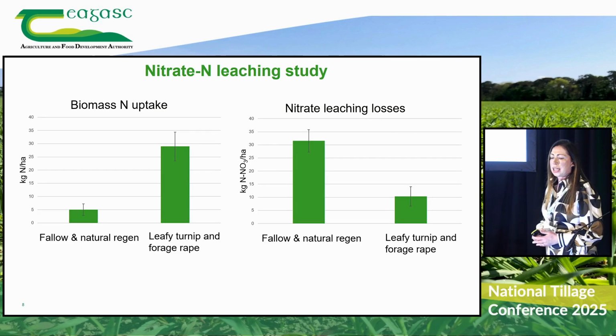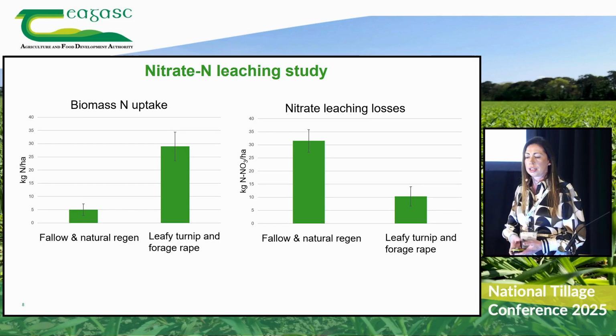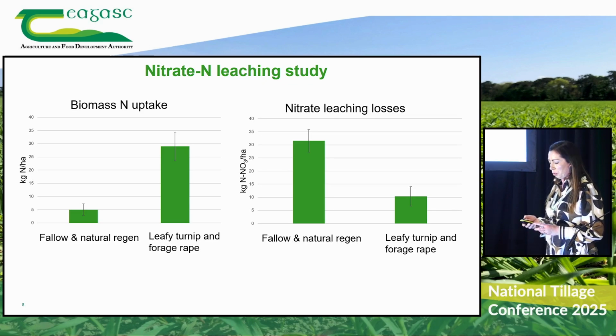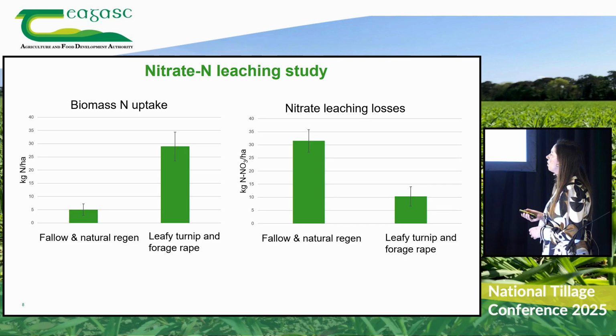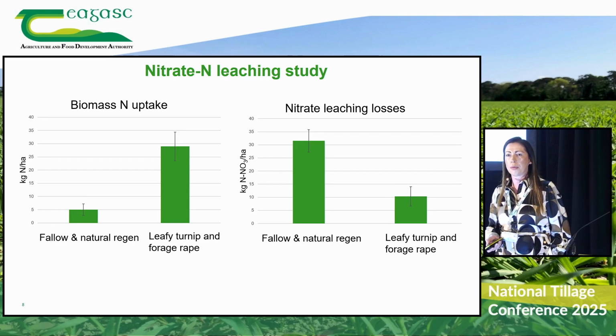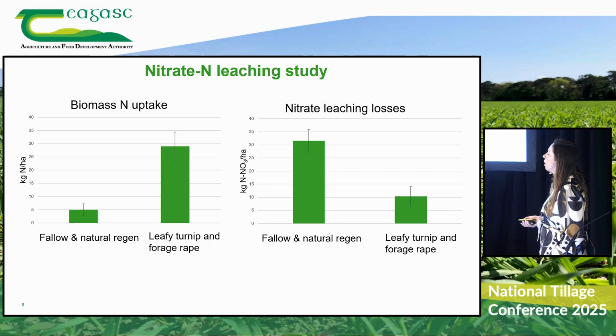When we look at the efficacy of cover crops in the Castledockrell catchment, this is a lysimeter study that was conducted within the catchment where we looked at sown cover crops, so leafy turnip and forage rape, compared to a treatment that was let fallow after spring barley was harvested and natural regeneration to occur during the drainage period.